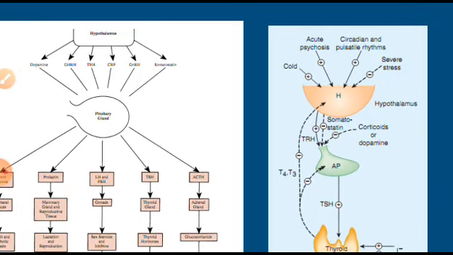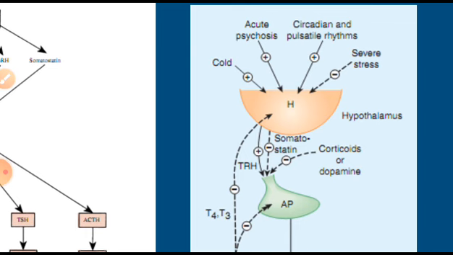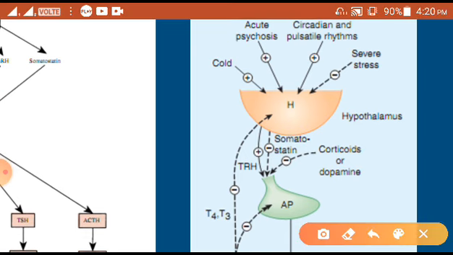This TRH is a neuropeptide because it is coming from the hypothalamus. The neuropeptide passes down the pituitary stalk to the anterior pituitary gland, right? You can find here it is passing down, and this is an area of the hypophysis which is connected with the hypothalamus.